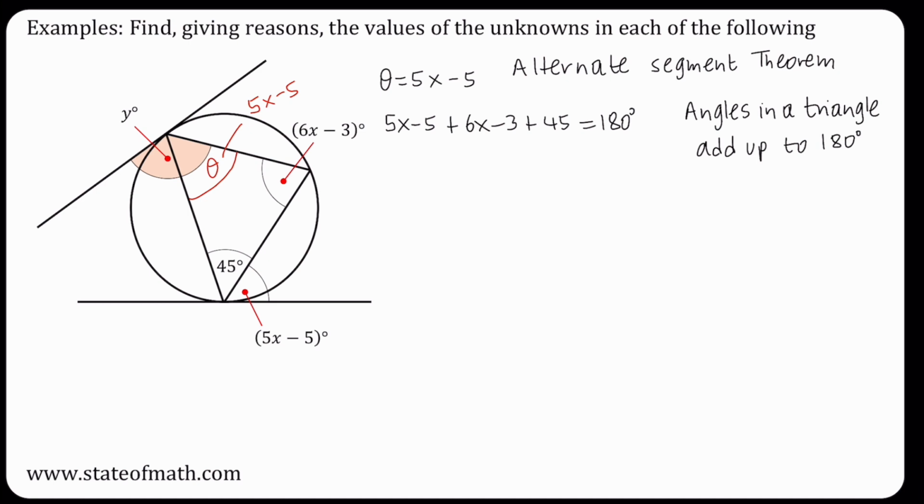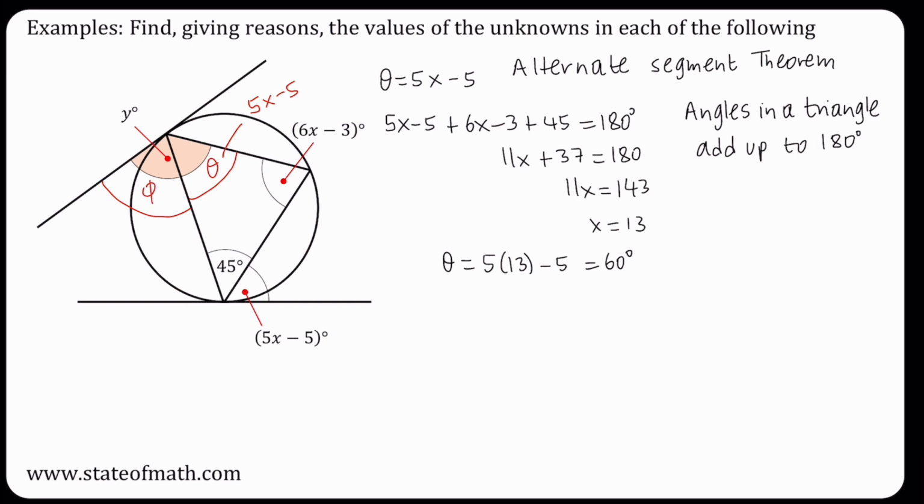If we proceed in solving this equation, we get that 11x plus 37 is 180 degrees, which leads to 11x being 143. Therefore, if I divide by 11, I get that x is 13. This means that the angle theta, which was 5x minus 5, is 5 times 13 minus 5, which works out to be 60 degrees. We are also going to label the other angle here as phi.